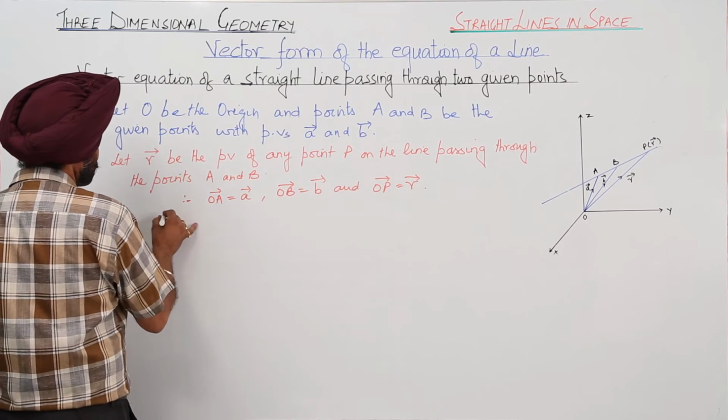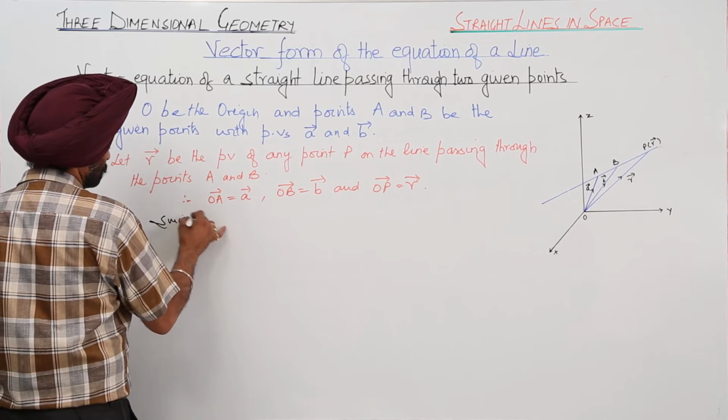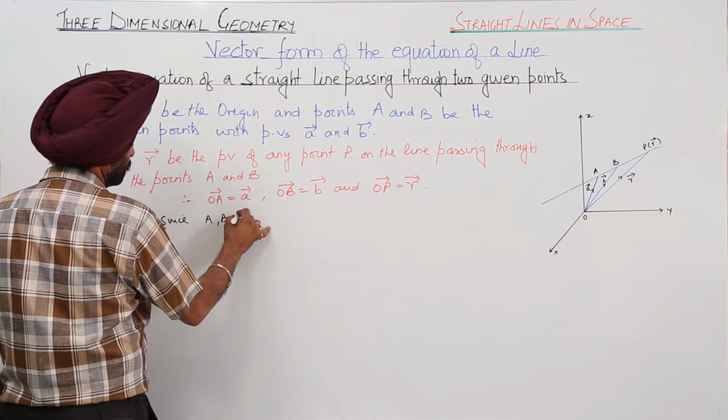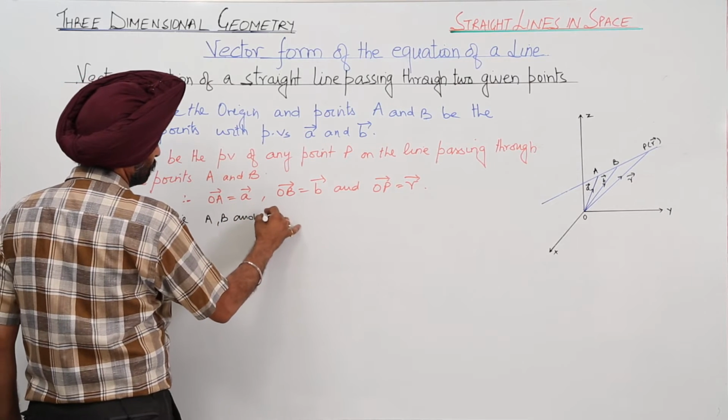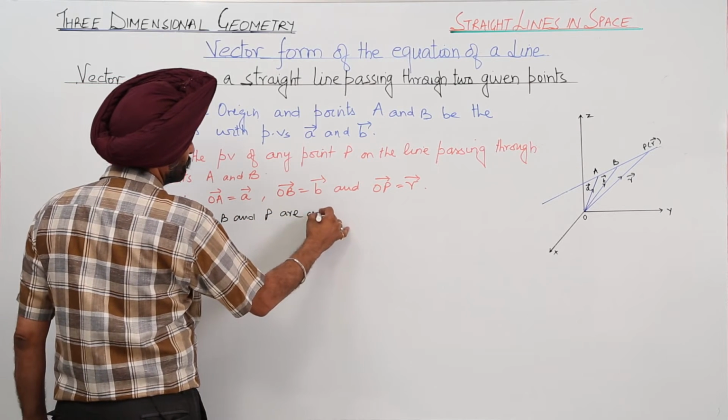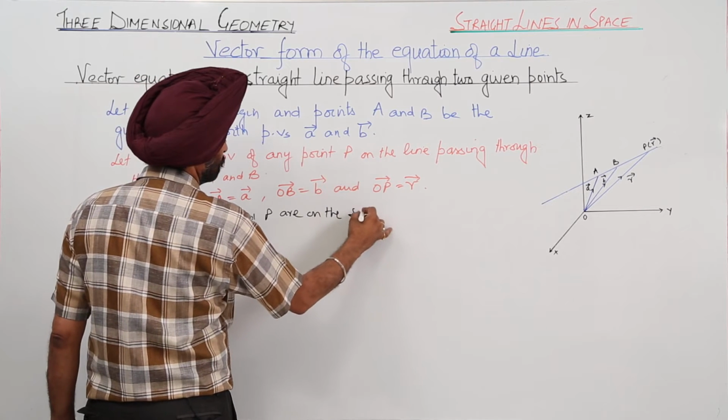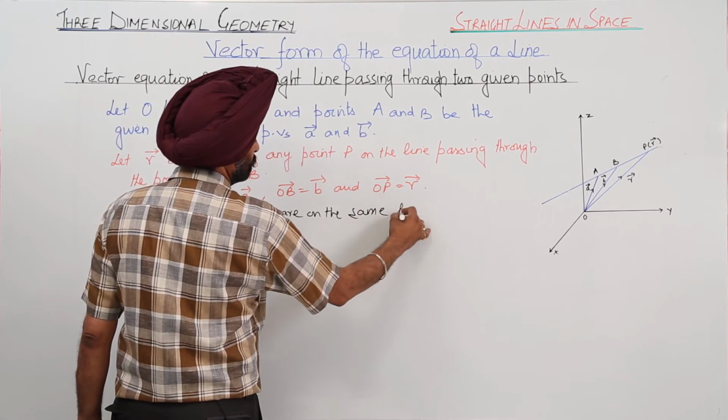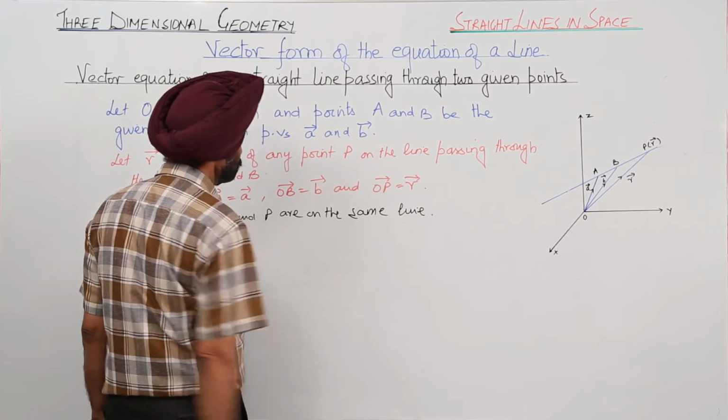Now, since A, B and P are on the same line, you can just check a figure also.